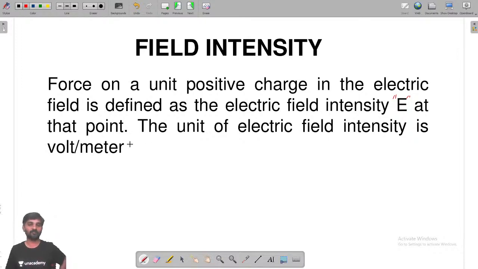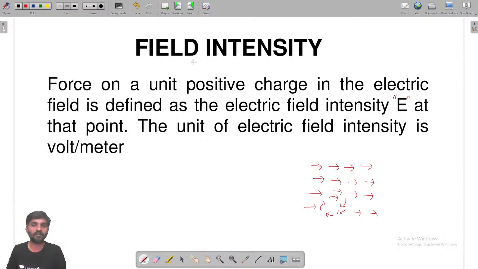So let us consider that you have some electric field, or you may have an electric field like this, a circular electric field. Whatever electric field you have, assume this is an electric field.